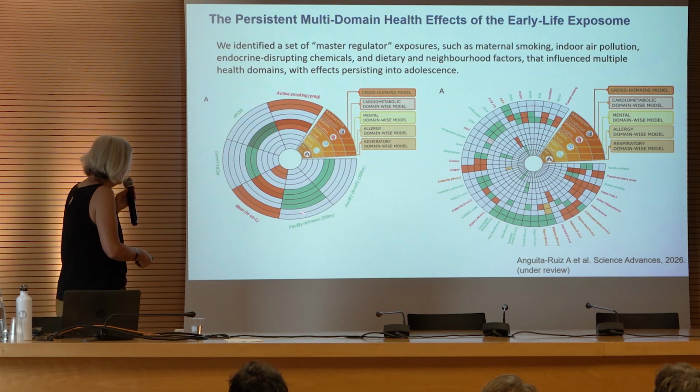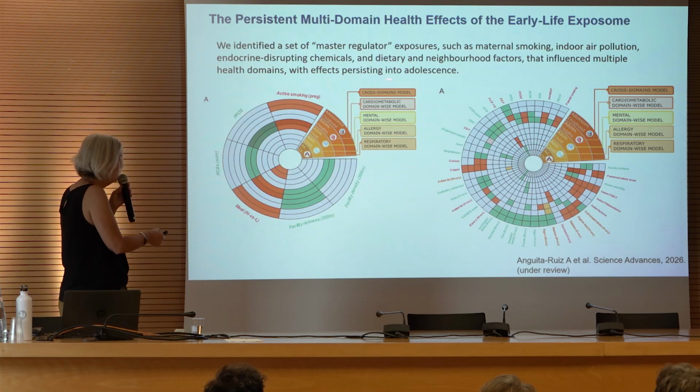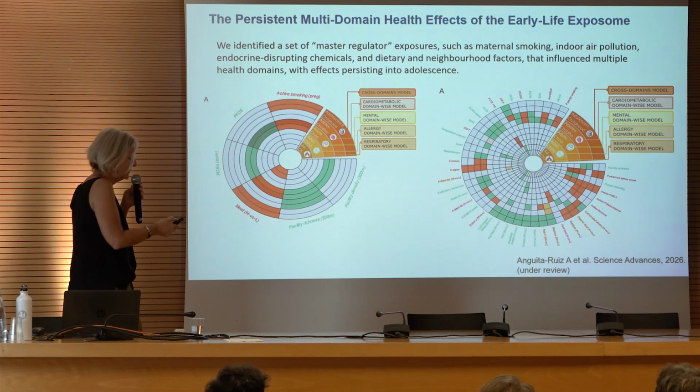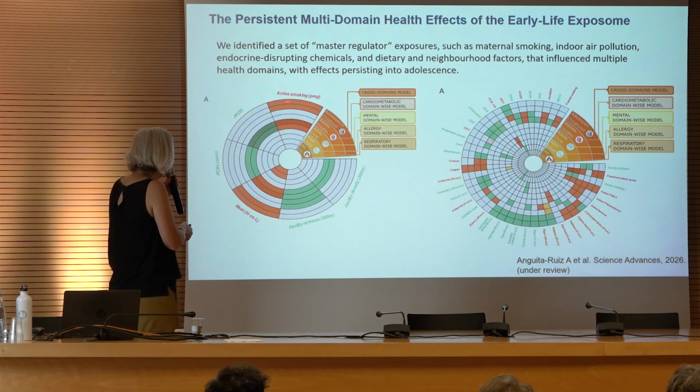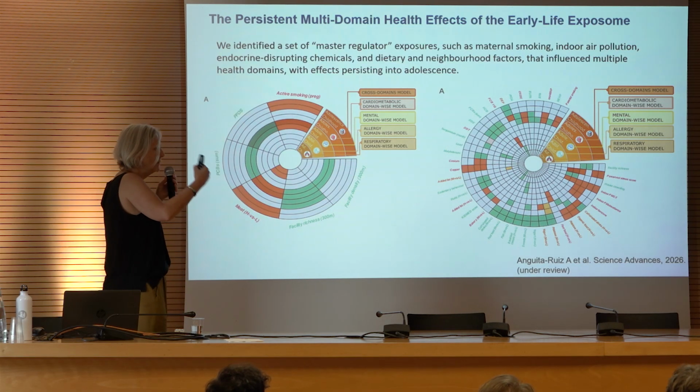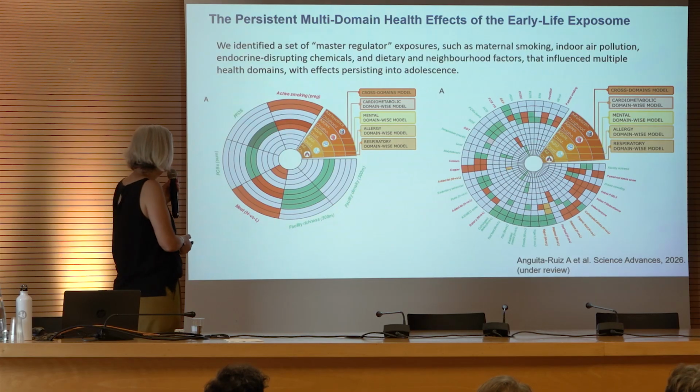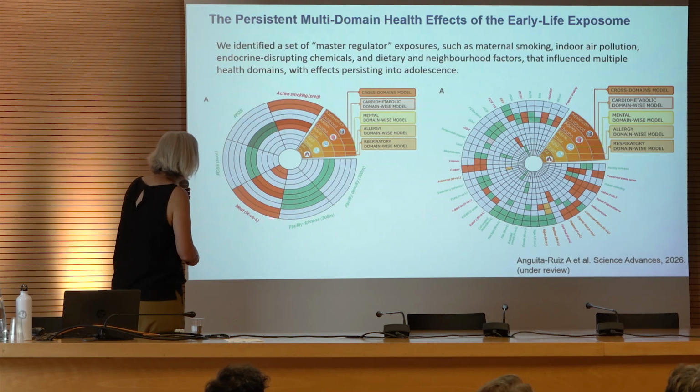You can see, for example, here the outer ring represents the cross-domain model, which means the model that included all the different health outcomes. And you see in the pregnancy exposures that active smoking of the mother was one of the main variables that showed an impact across the health domains. Similarly for meat consumption and a few other variables.